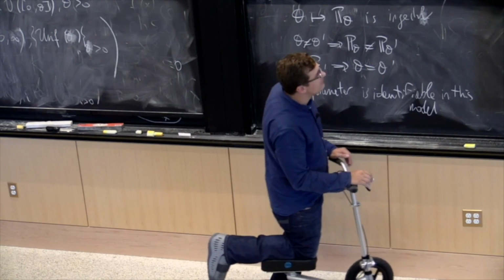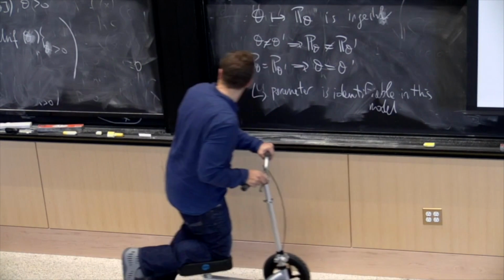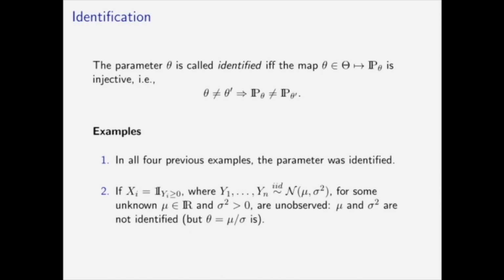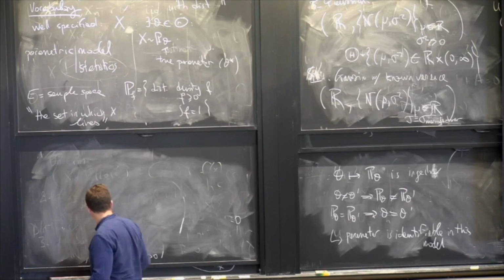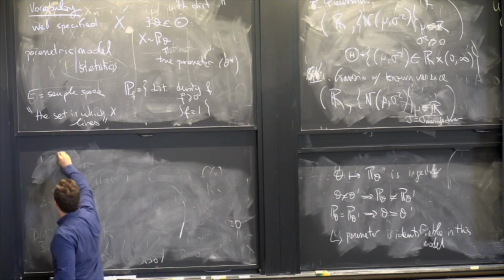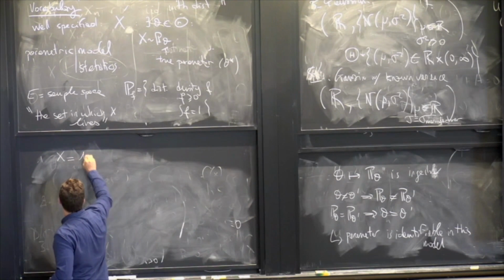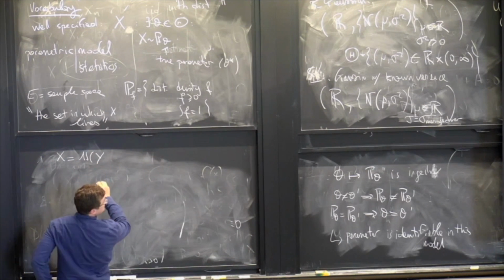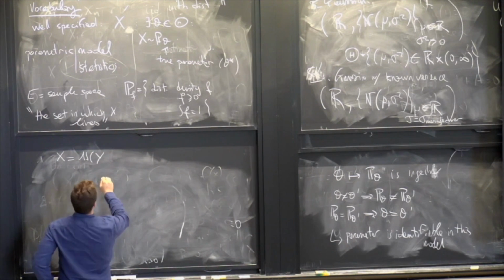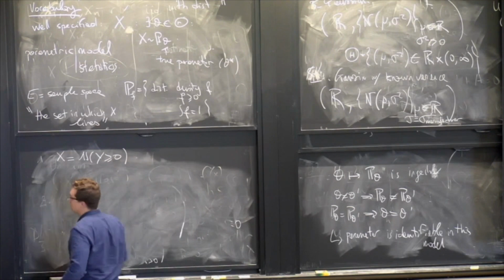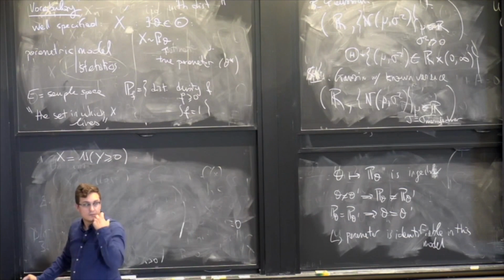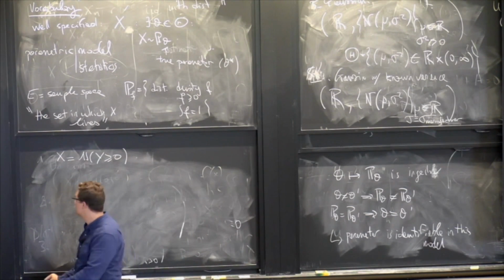If I take X_i, so now I'm back to just using this indicator function, but now for a Gaussian. Right, so what I observe is X is the indicator that Y is, what did we say, positive? Okay? So this is a Bernoulli random variable, right?